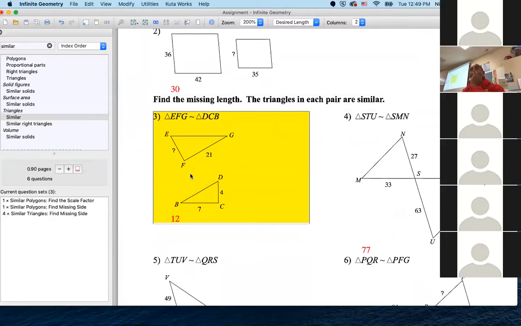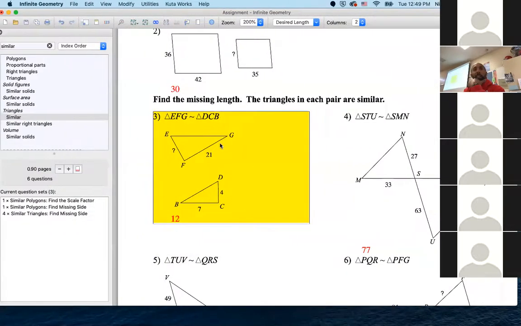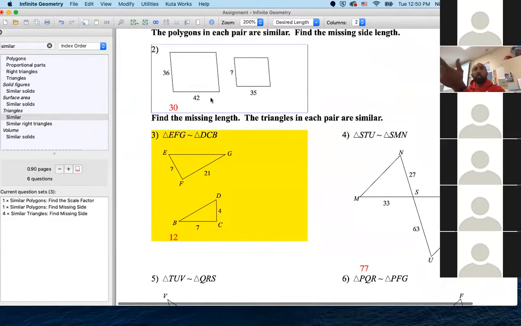You'll get an example like this, and you can see that the shape is not oriented the same. And because of that, you're going to need to use this statement to match up everything. So in other words, EF goes to DC, which means this side goes to this side. And you use the letters to figure that out. Okay, and then you set up the same way like we did in the last problem.